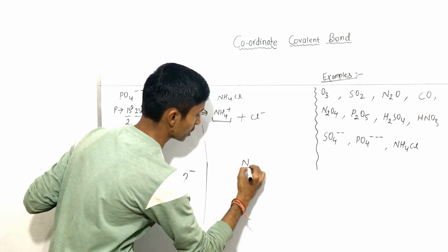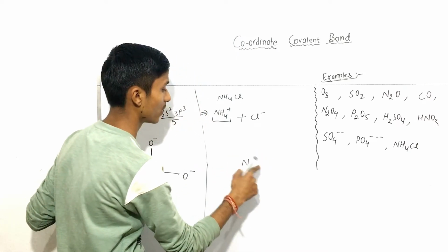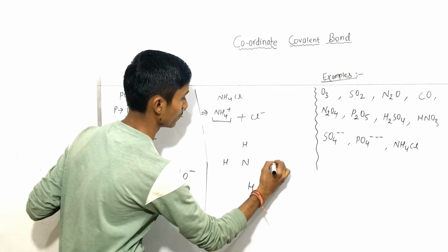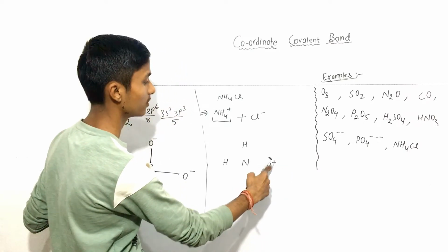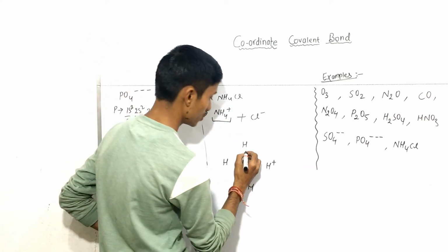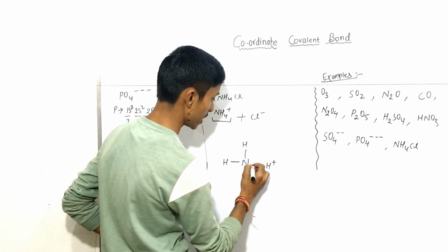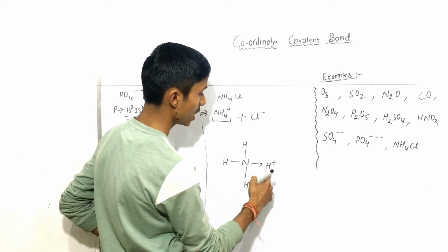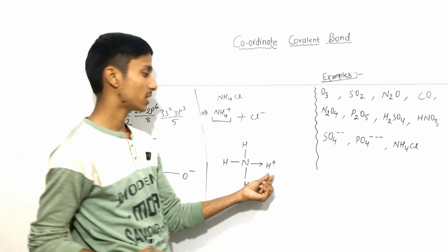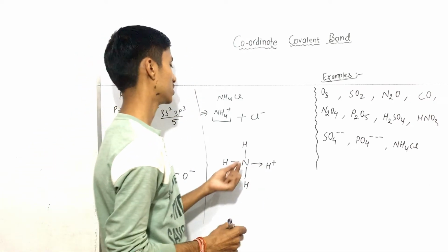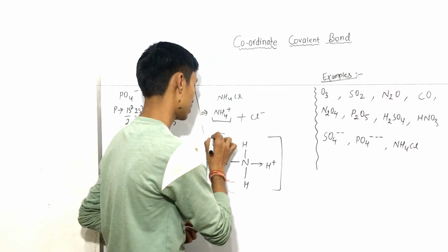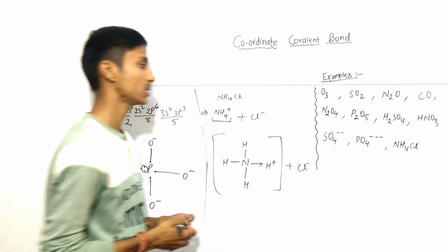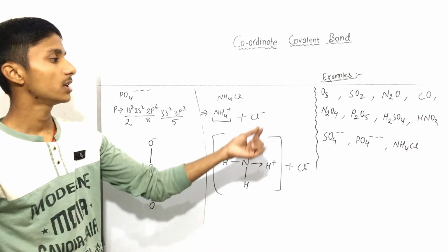So one nitrogen atom with 5 valence electrons, 1, 2, 3, 4, and on one hydrogen atom there is a plus charge. So it forms 3 bonds and donates one pair of electrons to this hydrogen atom, because the hydrogen ion has no electron in it. Plus this Cl minus. So this is the formation of bond in NH4Cl.